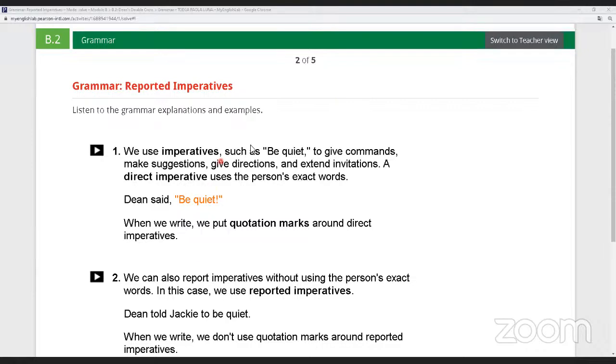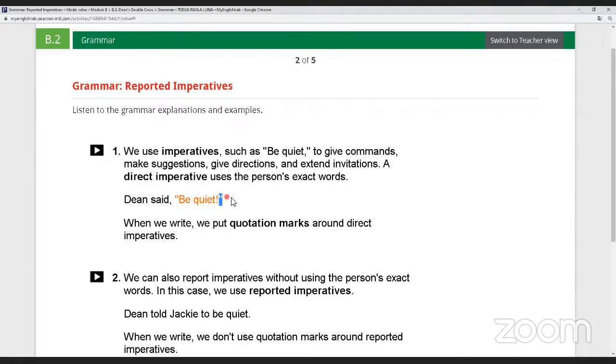Okay, so as I was telling you, we have some direct imperatives, and you're gonna find this in books, in Spanish, in English, wherever. For example, we have be quiet.